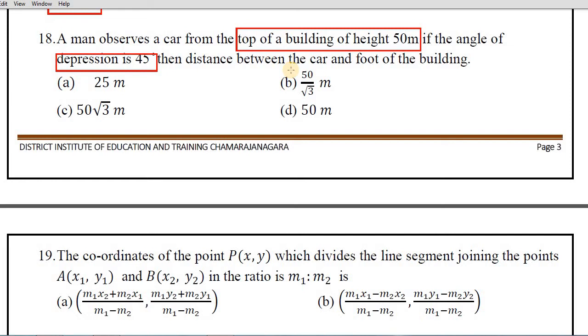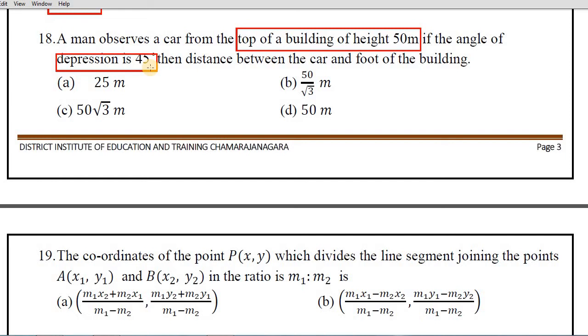You wanted to find the distance, so you have to use your tan ratio, perpendicular by base, otherwise opposite side by adjacent side. Another thing also I said, whenever angle of elevation is 45 degree and when height is given and asked to find the distance, otherwise distance given and asked to find the height, both will be same for tan 45 degree.